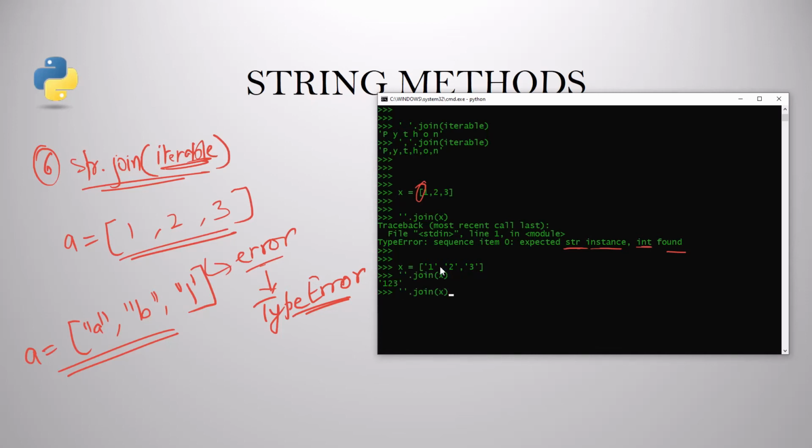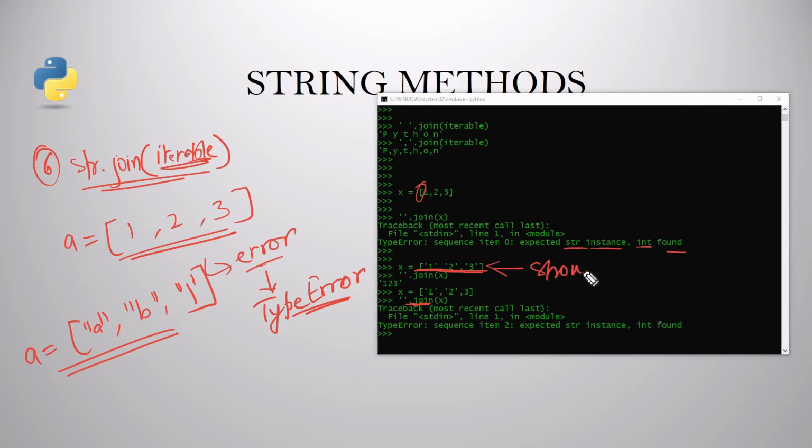But if you have a mix, if the first two elements are strings and the third element is an integer, you will again get a type error, because it will iterate through all the elements, and where it gets a non-string element, it will return the error. To make join work, all the elements of your iterable should be string objects.